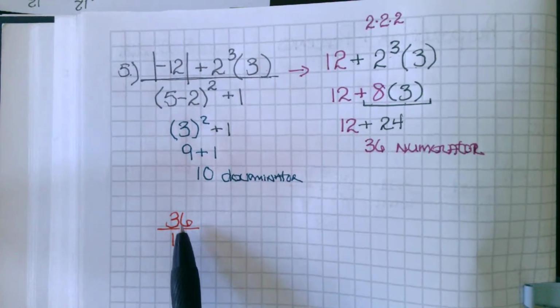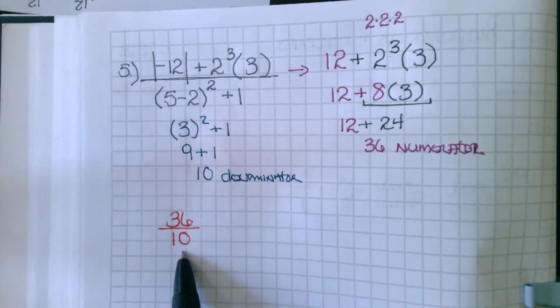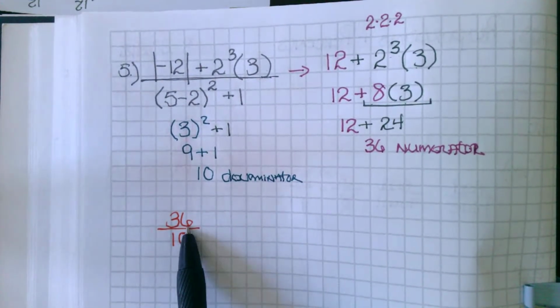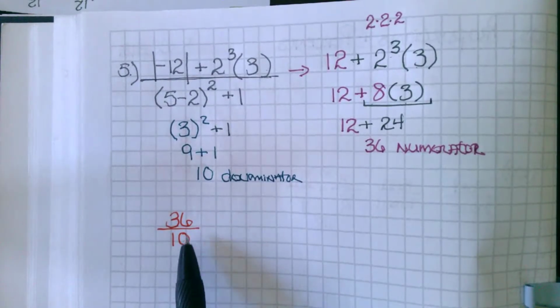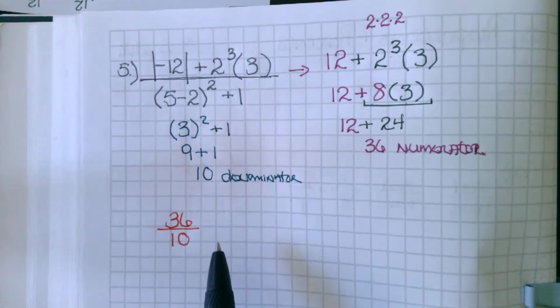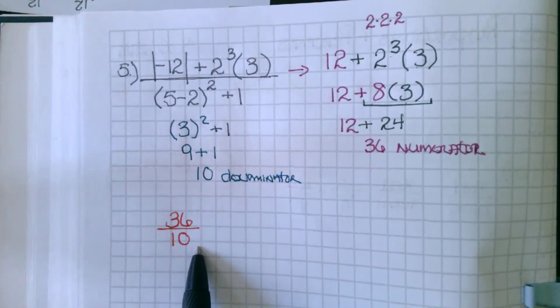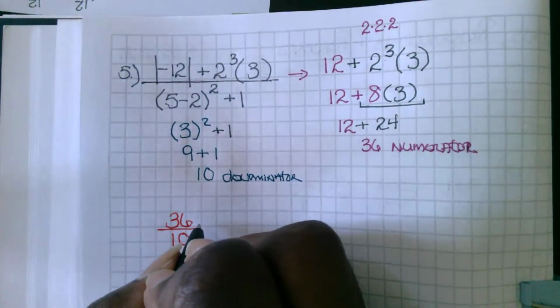Let's practice on reducing fractions. I know you don't like fractions, but it's okay. So 36 divided by 10. They both end in even numbers. So we got an even number. So what number is a factor of 36 and 10? Well, that's 2.